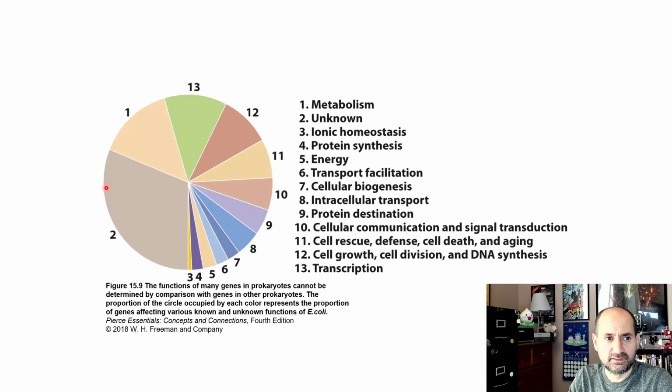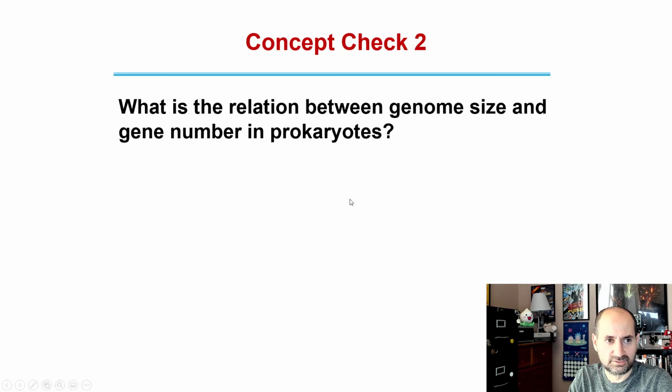And again, you see these are the functions that we've assigned to the genomes of prokaryotes. Notice this wedge, this part of the pie, number 2. That's unknown function. We still don't know the function of a lot of these prokaryotic genes.